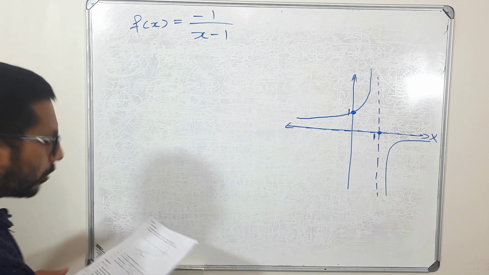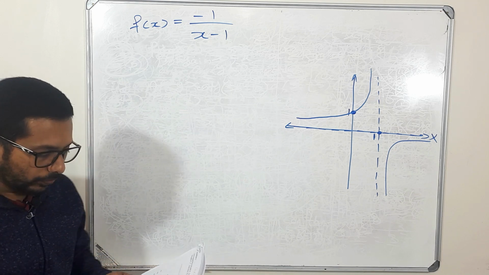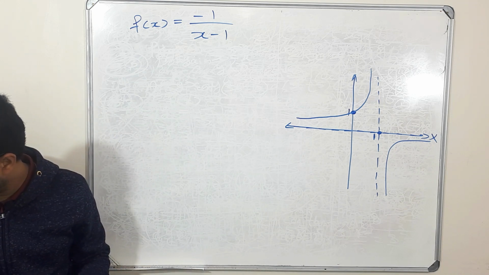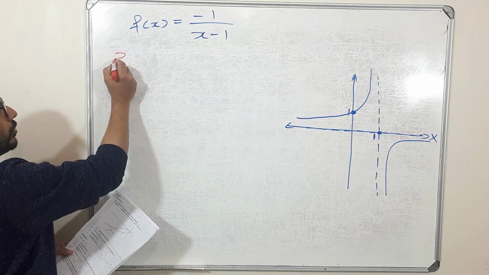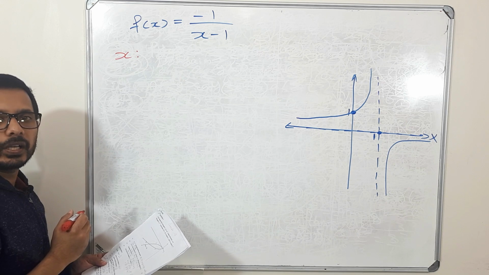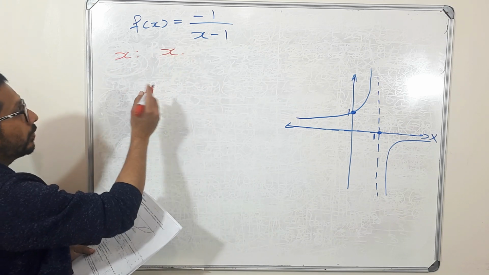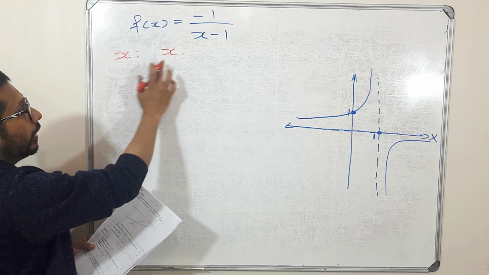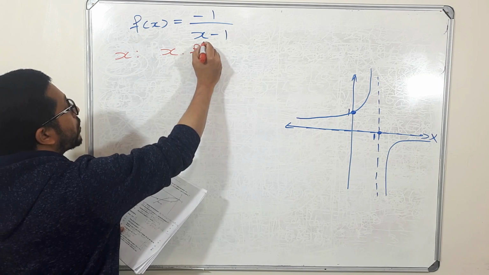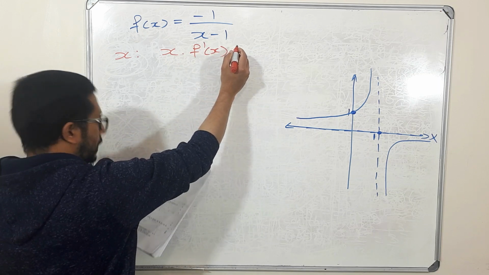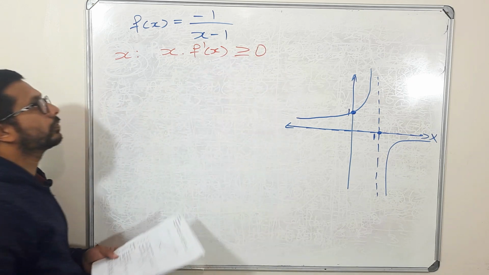Now let's go to question number 5.4. What is the question there? For which values of x, that means you have to find the values of x, and what is the condition? x times f dash of x is greater than or equal to 0.